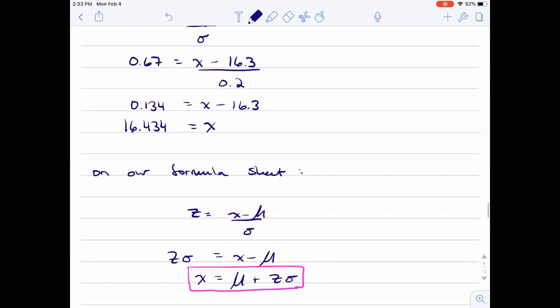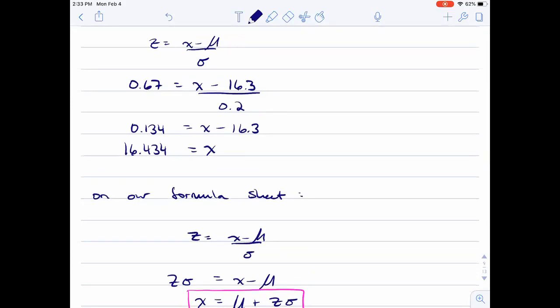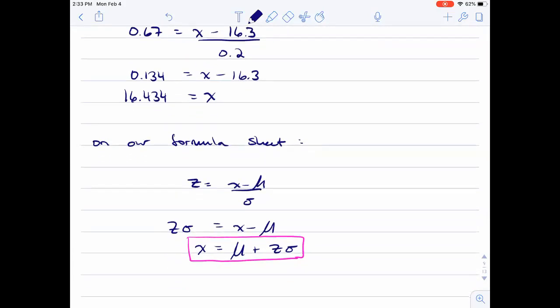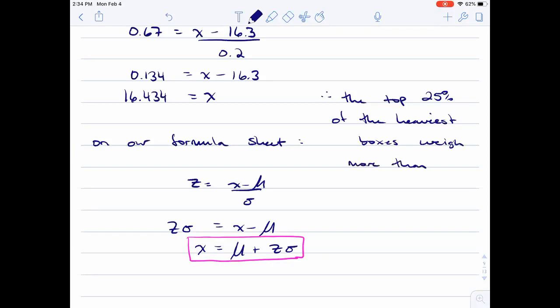I guess you should write a little blurb. I'll do it over here on the side. Therefore, the top 25% of the heaviest boxes weigh more than 16.434 ounces.